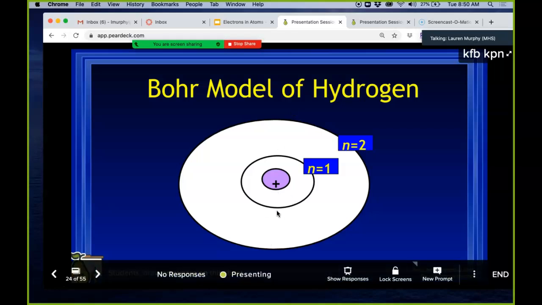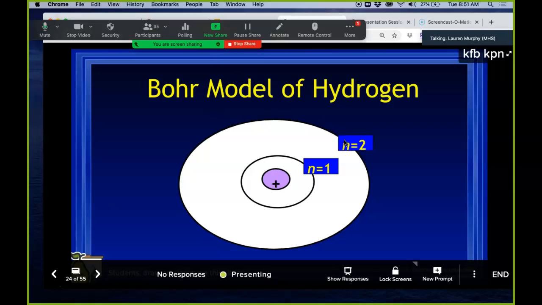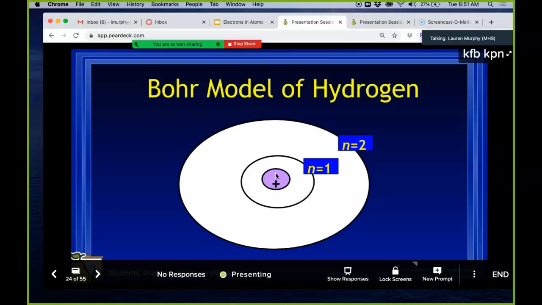So here's the Bohr model of the hydrogen atom. Here's the nucleus, okay? The Bohr model is probably one that you've seen before. They generally teach this in middle school, where you draw the nucleus in the center and then draw rings around it.